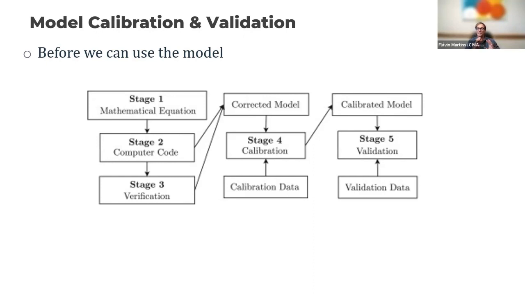Okay, we have certain values of those coefficients, and we change them and we compare. So we do many scenarios, many different runs with different values of those coefficients, and we choose the set of coefficients that gives the best comparison with the data.